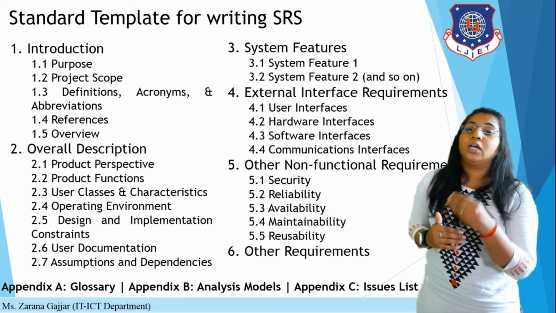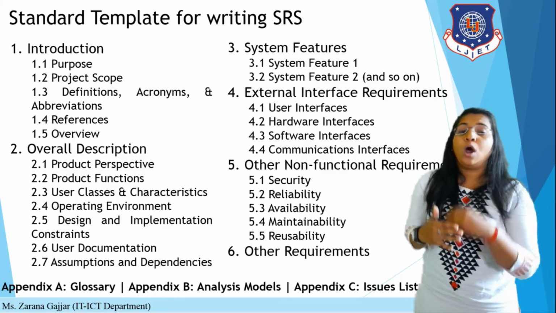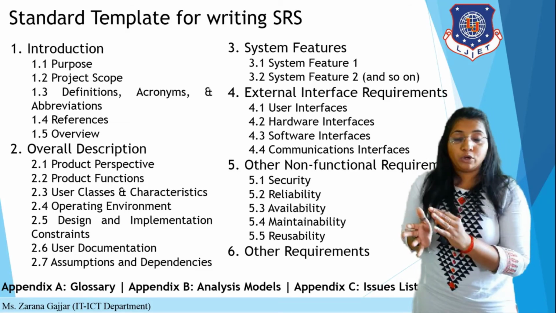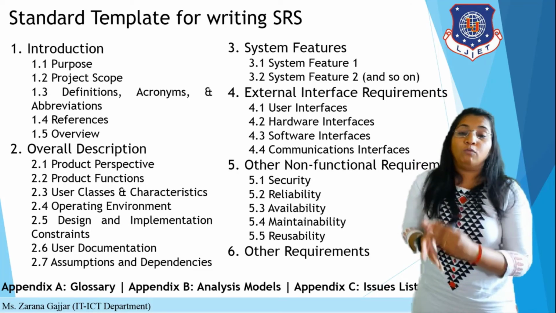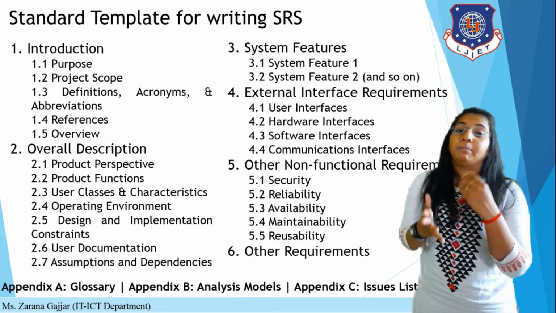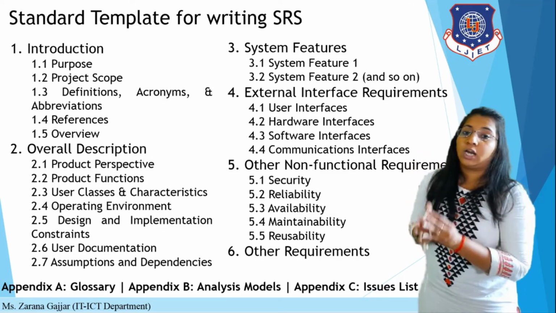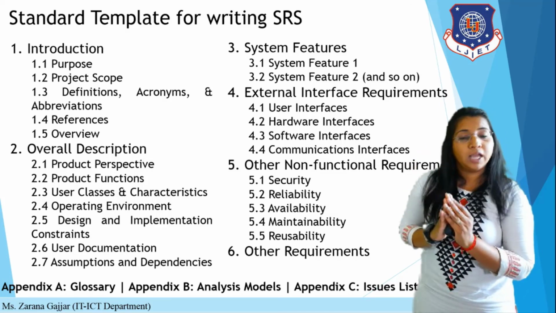Then next are other non-functional requirements. So what is a non-functional requirement, like whether it is secure software, whether it is reliable, what the availability is, how it can be maintained and how it can be reusable. These non-functional requirements are covered in this section.